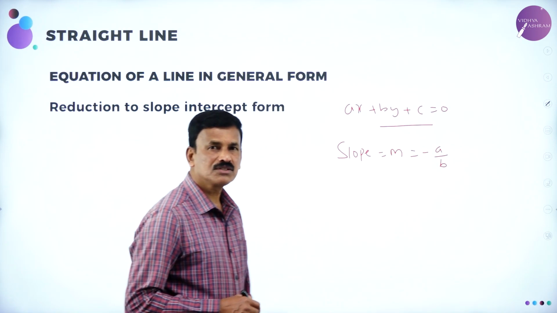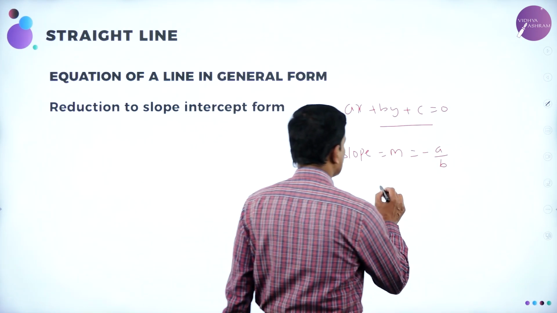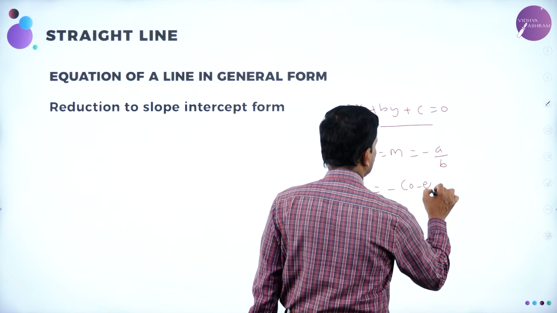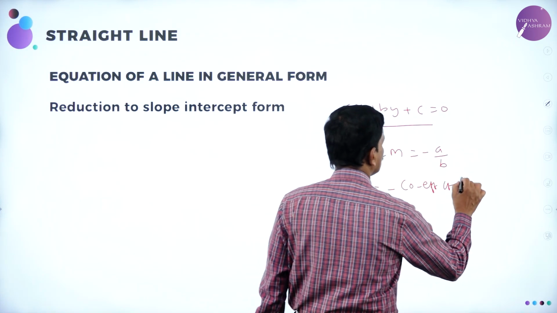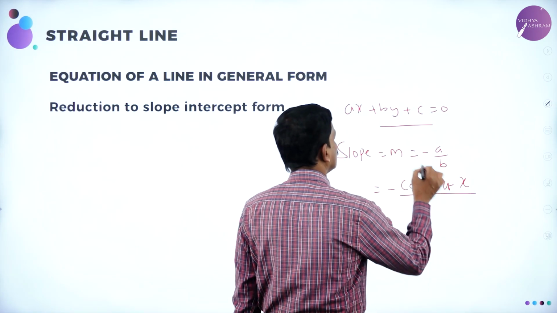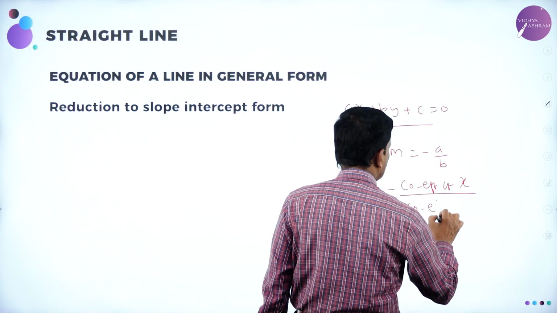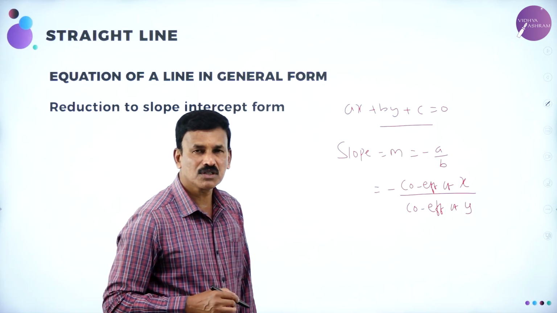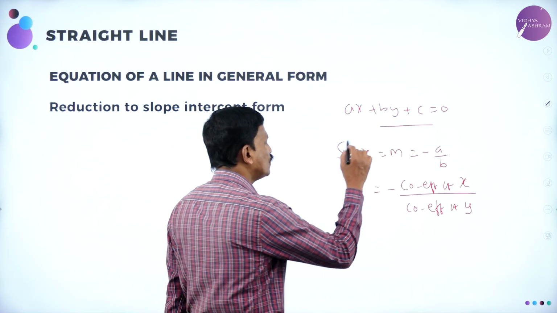Now what is this actually? m is nothing but the negative of the coefficient of x divided by the coefficient of y. So the negative coefficient of x by coefficient of y will give the value of m.